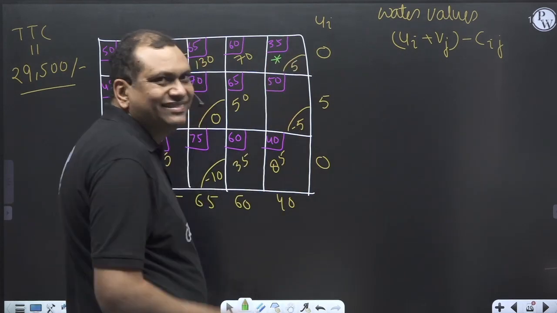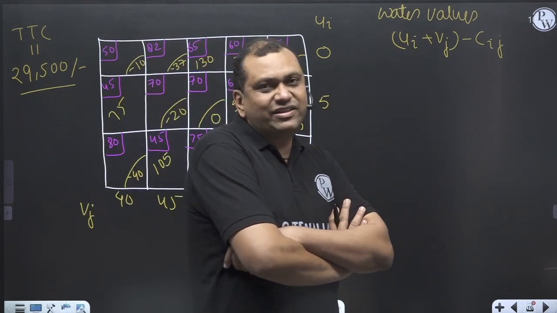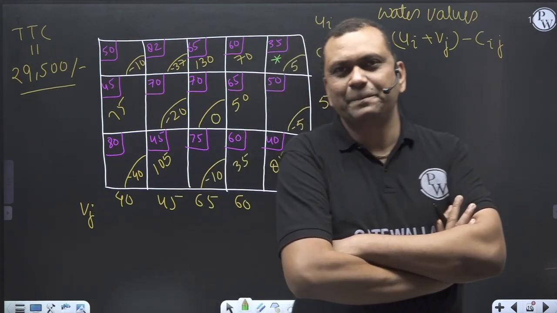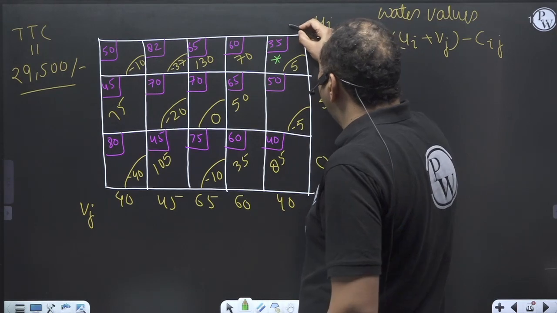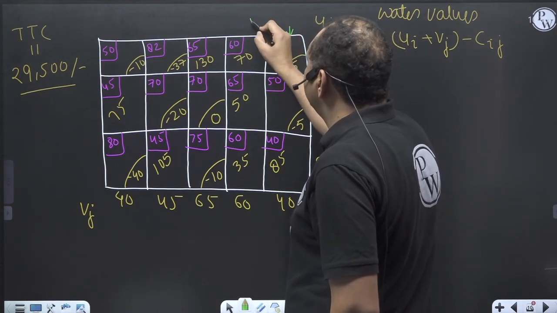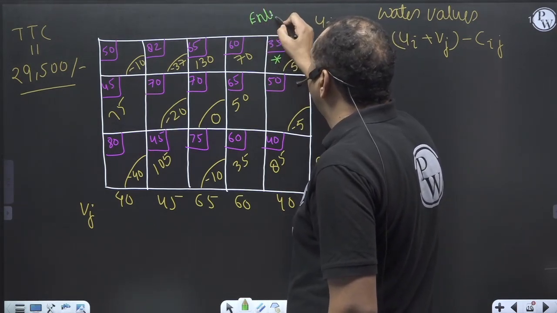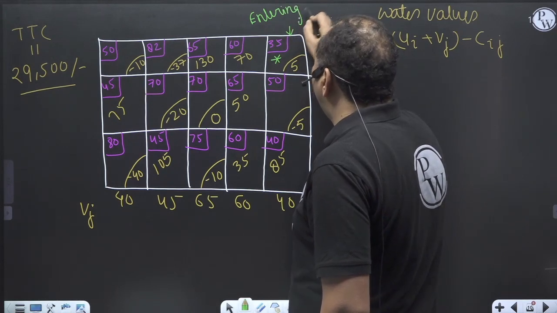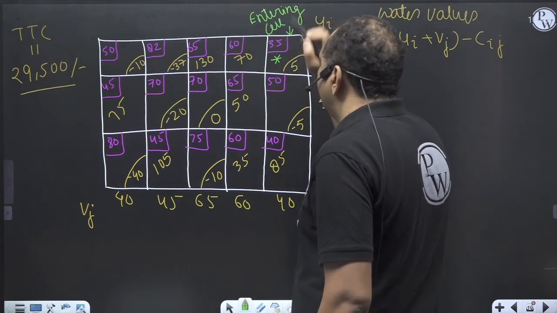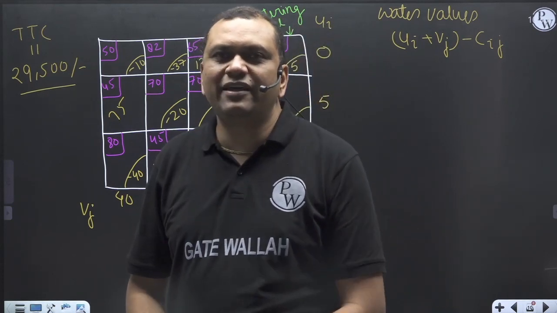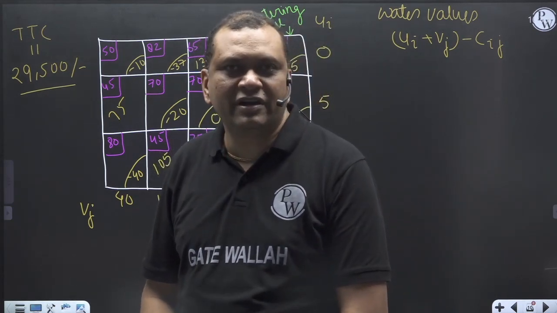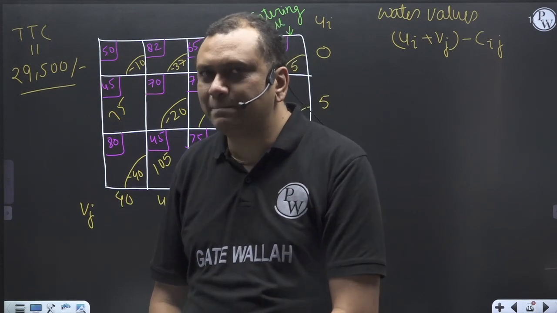This is the cell. Select the cell having the highest positive penalty value, and that cell is called the entering cell.